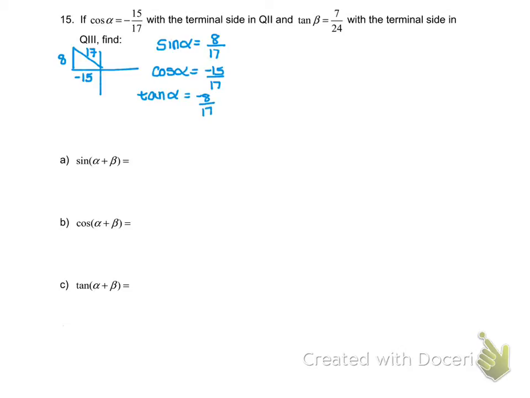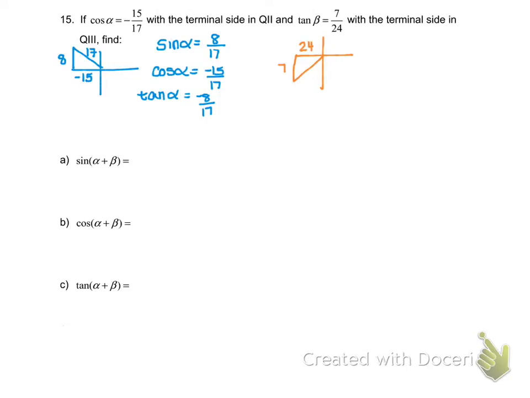We're going to do that again with our tangent values. So it says the terminal side is in quadrant 3. And since tangent is opposite over adjacent, we have 7 and 24.